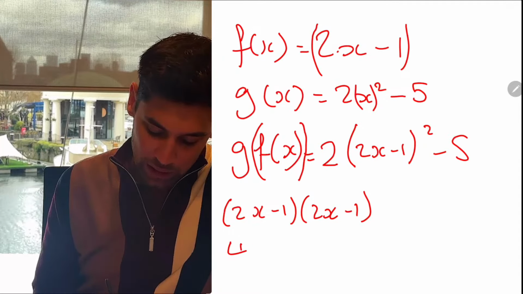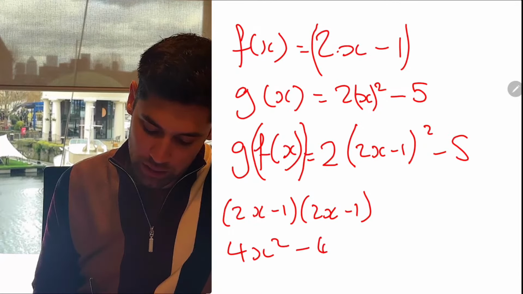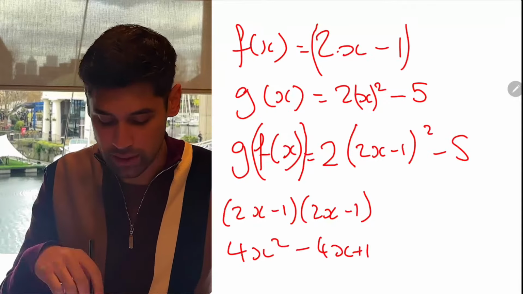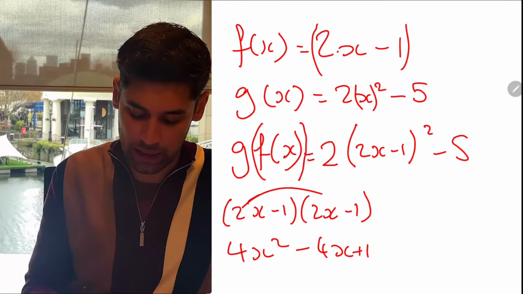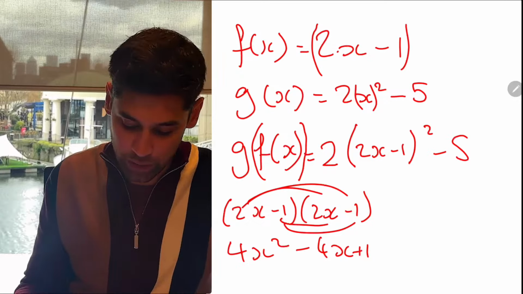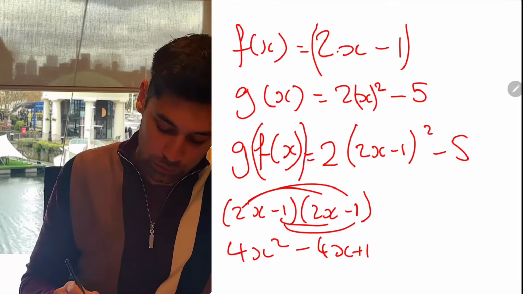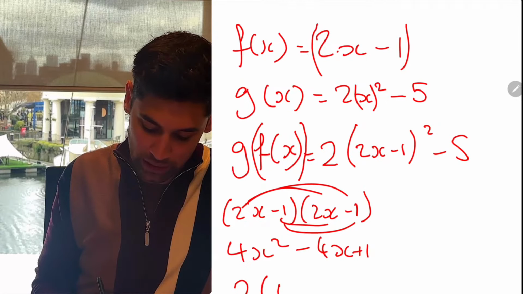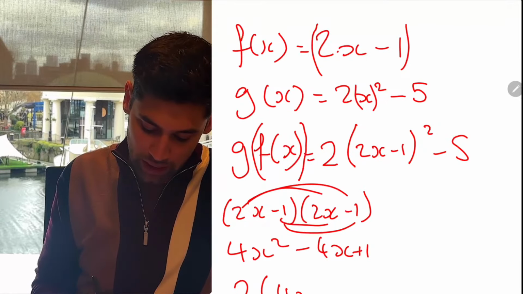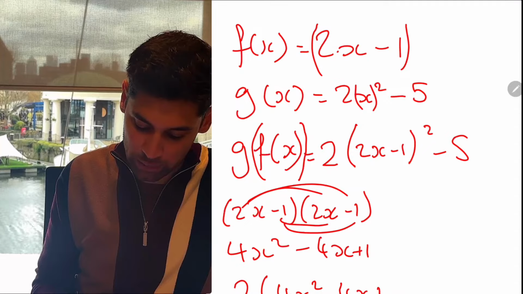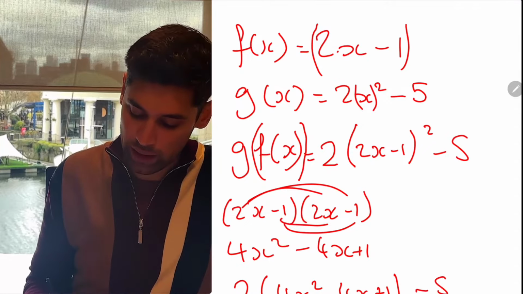Fully expanded, that's going to be 4x squared minus 4x plus 1. I skipped a couple of steps there, but if you fully expand that, this is what you get. That is just in place of this bit here. So that's now going to be 2 brackets, 4x squared minus 4x plus 1, take away 5.